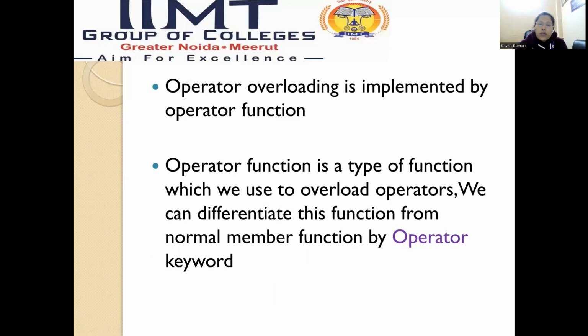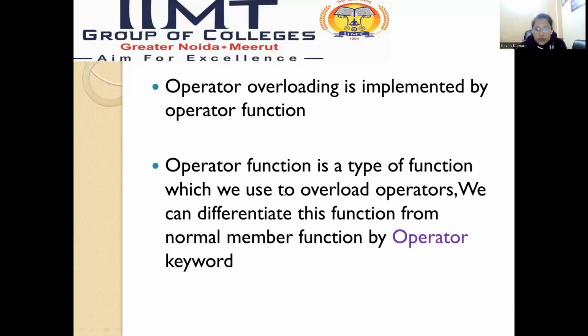I already told you that operator overloading is a generalized form of function overloading. That means in the background, we are making an operator function. We are providing a function with the function name as an operator, similar to what we did in function overloading.